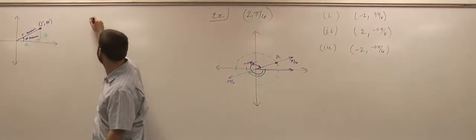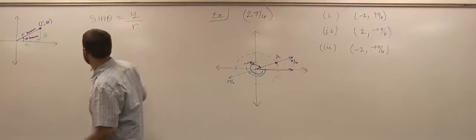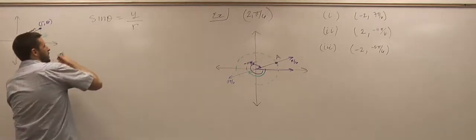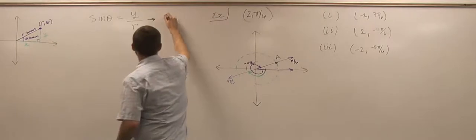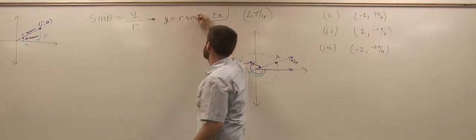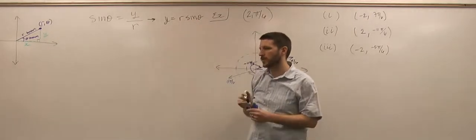So, sine theta is y over r. That's just what we've known for our entire trig logic. And so if you multiply up the r, you get y equals r sine theta. So if you know r and you know theta, you can solve for y. You can go back and get your y.